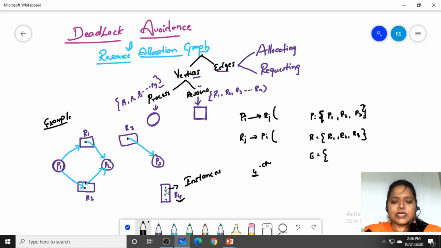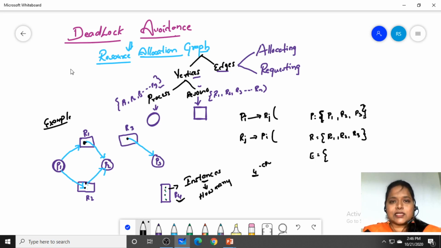Instances mean how many are there. Here R3 is having a single instance, that means a single CPU is there. Here R2 is having 2 instances, that means 2 CPUs are there. Resources may not be a CPU, it may be a printer, a scanner, a monitor, a memory, whatever it may be, we call it a resource.